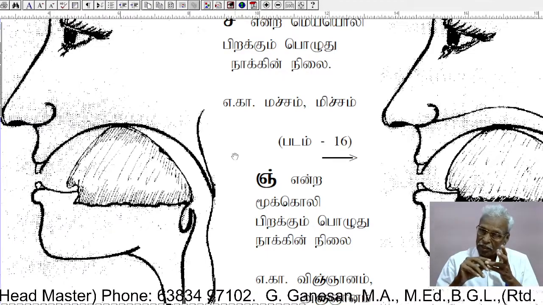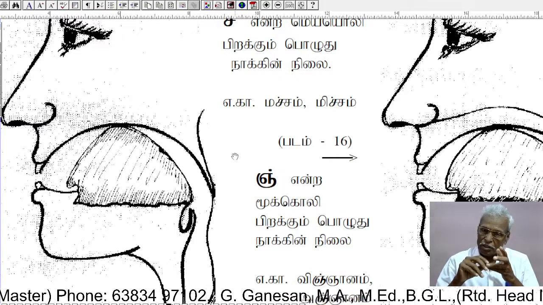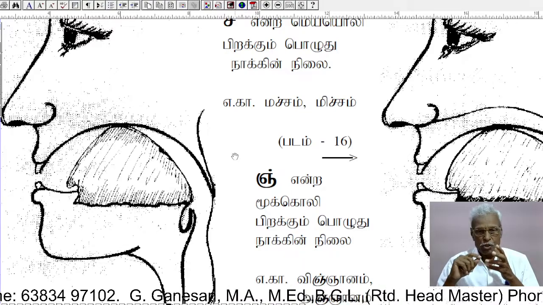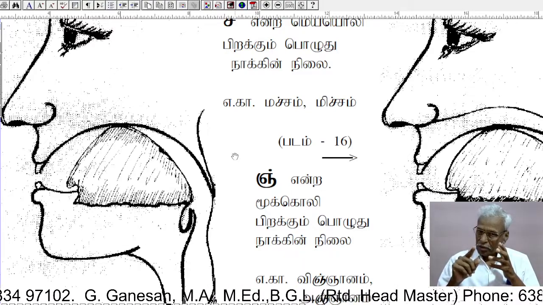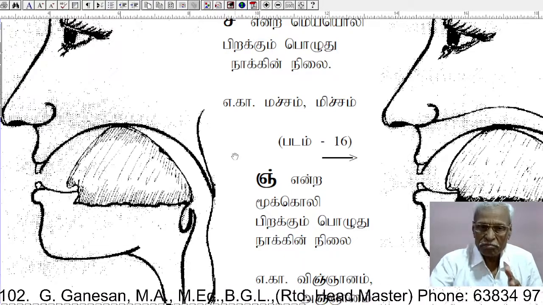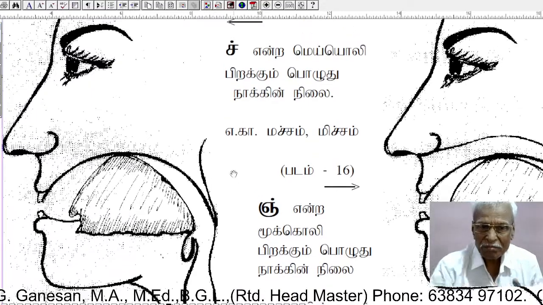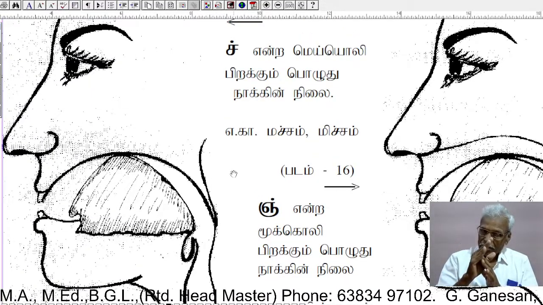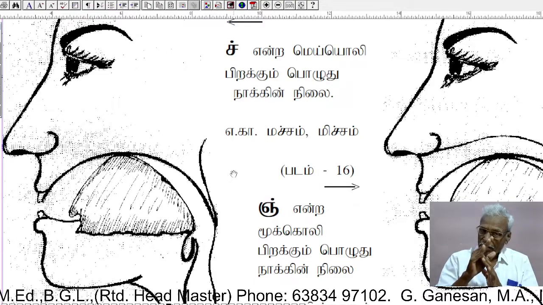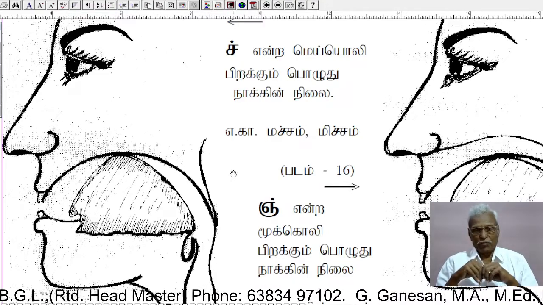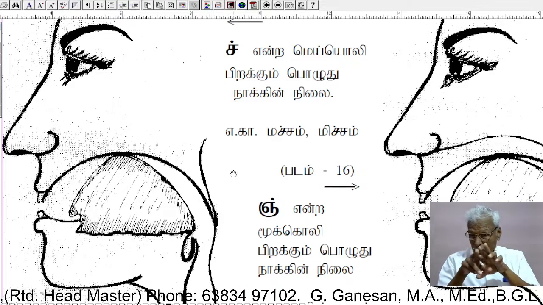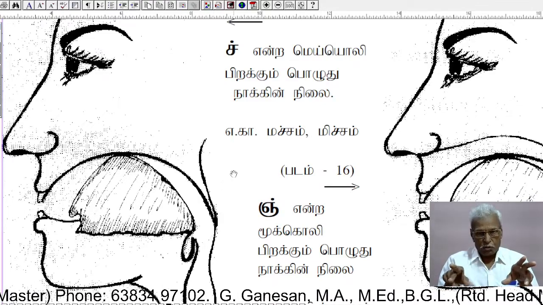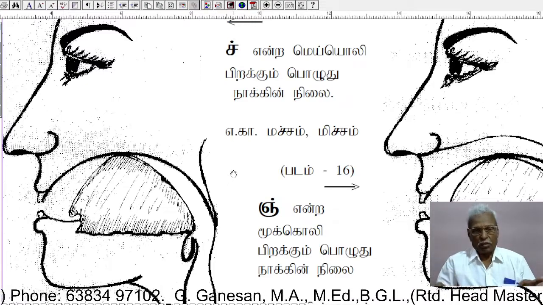Ik and ing are produced at the same place, and also the phonemes ich and ing are produced having the tongue at the same place, but each of these two pairs is different from one another.